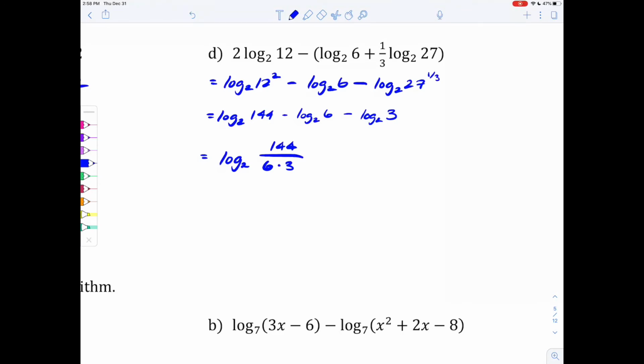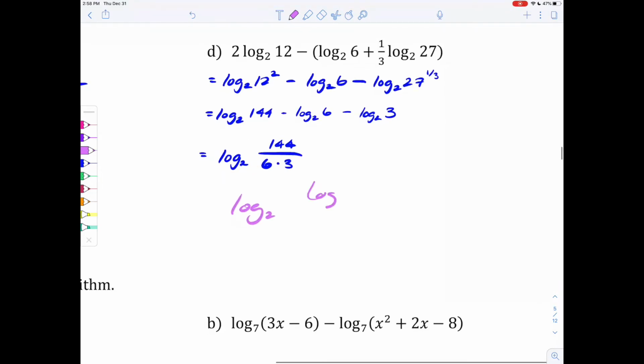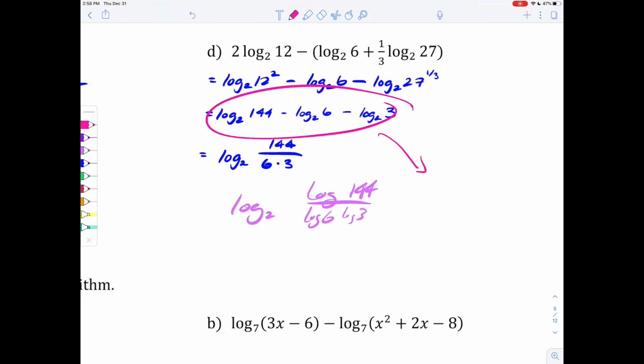Just take a quick pause here. Note that there's only one log here. I'm not saying log of 144 over log 6 and log 3, and nor am I saying that this whole thing becomes something like log of 144 over log 6, log 3.